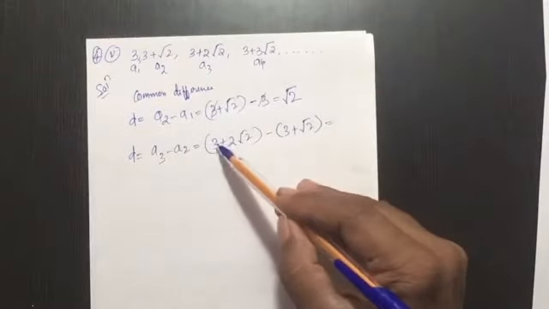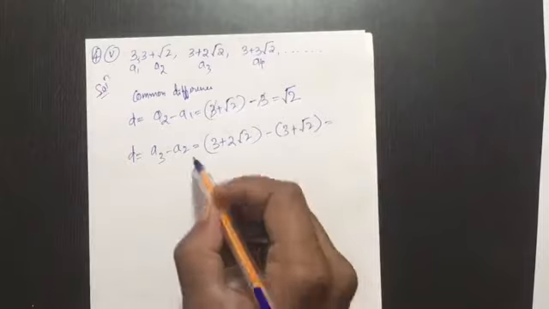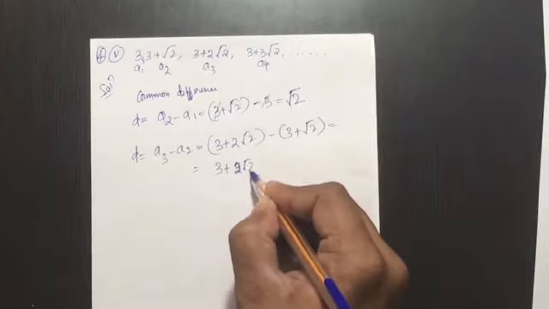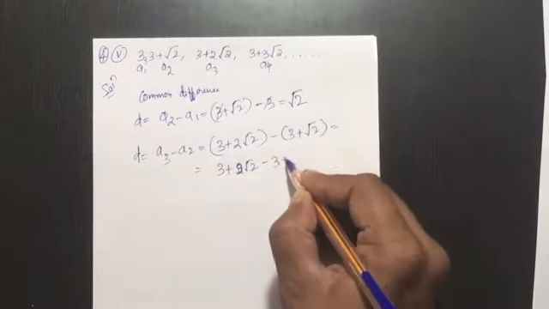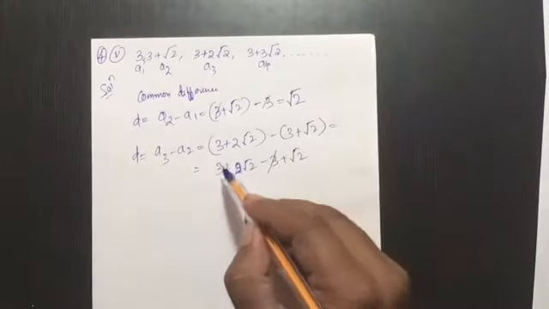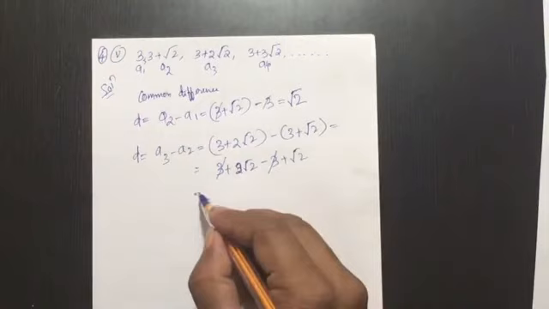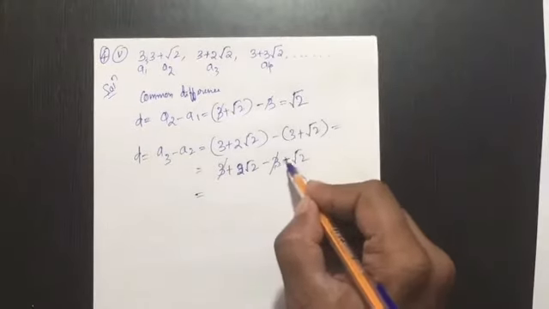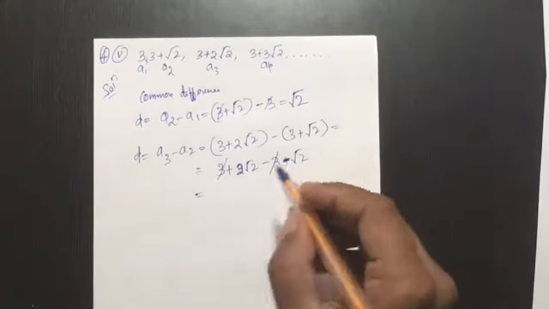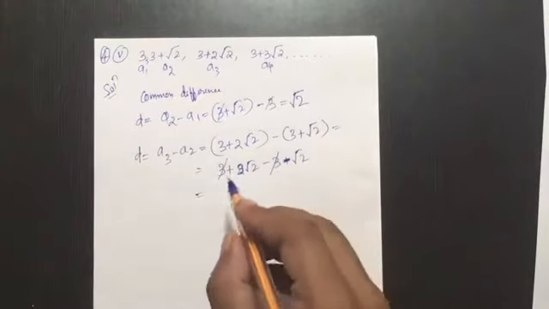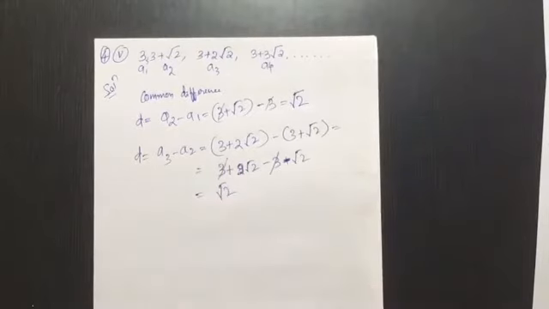So student, if you simplify this one, the minus 3 and plus 3 will cancel each other, and 2 root 2 minus 1 root 2 will be only root 2.